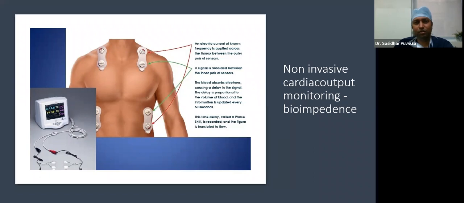So I have discussed the basics of pressure transducing and pressure measuring in ICUs. I have discussed the arterial waveform, and I discussed briefly blood pressure and shock, and a few slides about CVP and CVP monitoring.